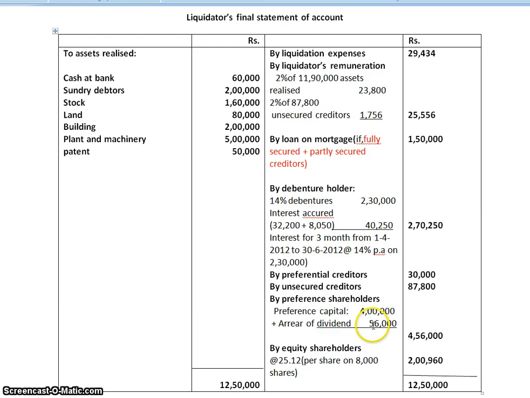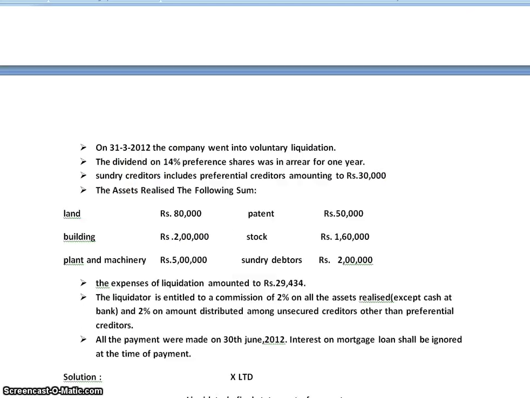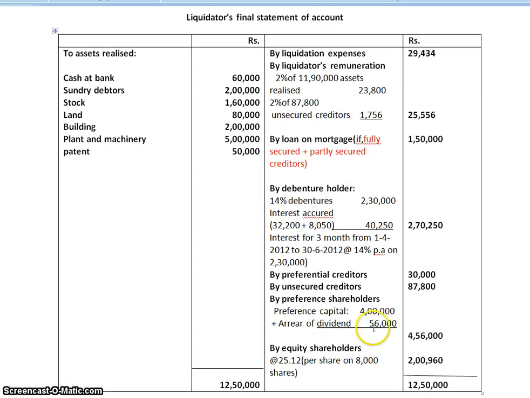The arrears are 56,000. How did we get this 56,000? Because the dividend payable to the preference shareholder is 14%. So 14% on 4 lakh is 56,000. So it is 4 lakh 56,000 in total.